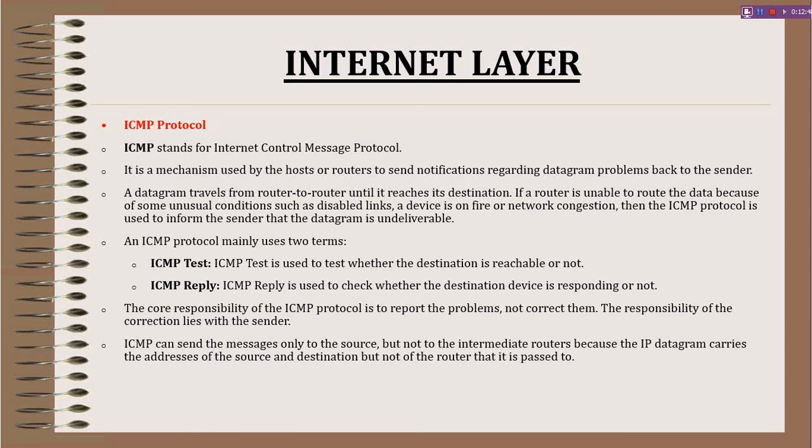A datagram travels from router to router until it reaches its destination. If a router is unable to route the data because of some unusual condition such as a disabled link, a device on fire, or network congestion, means if the data cannot travel, okay, if the router fails to forward the data, then the ICMP protocol is used to inform the sender that the datagram is undeliverable.